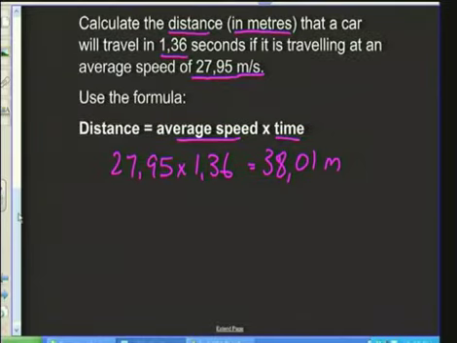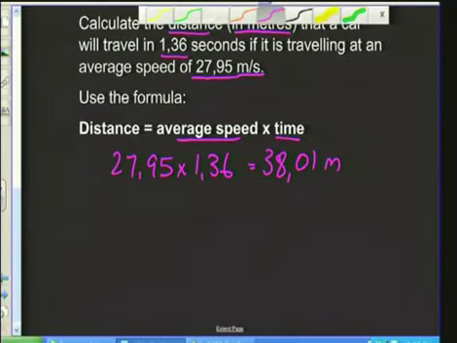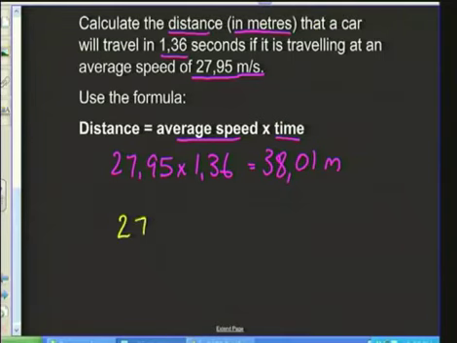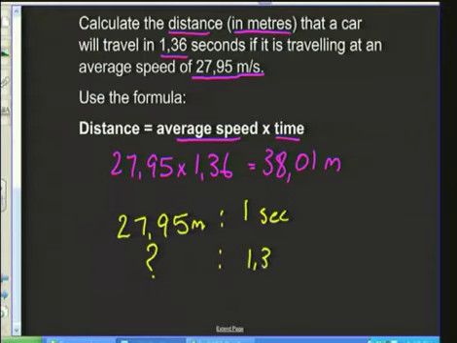What I want to show you as well is that this is a ratio. Have a look at this. If we didn't have the formula, what do we know? We know 27.95 meters in 1 second. We're looking for how far in 1.36 seconds. Can you see that it's a ratio? So what do we do here?